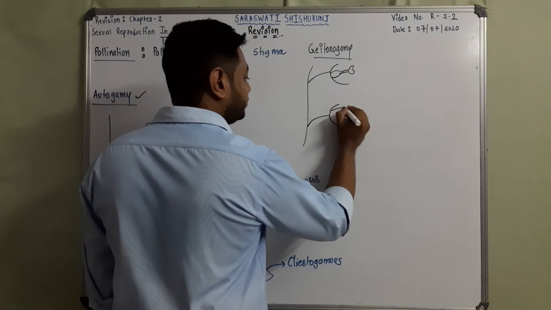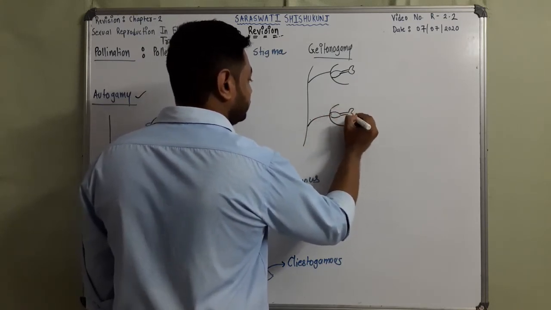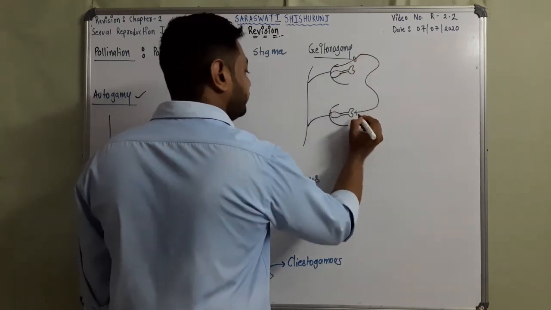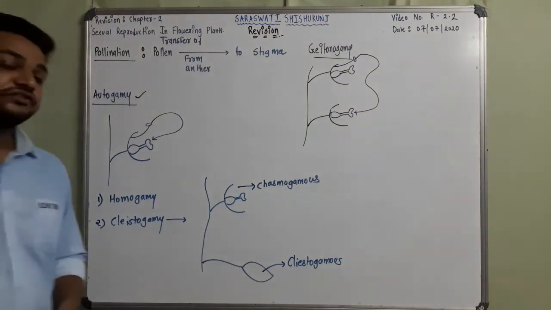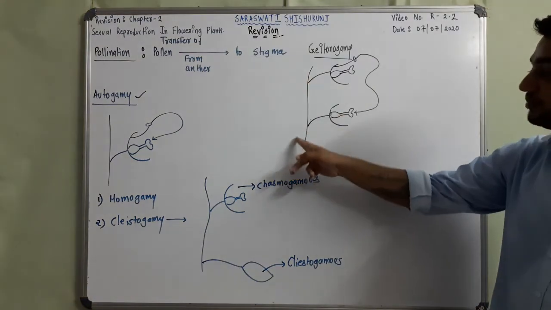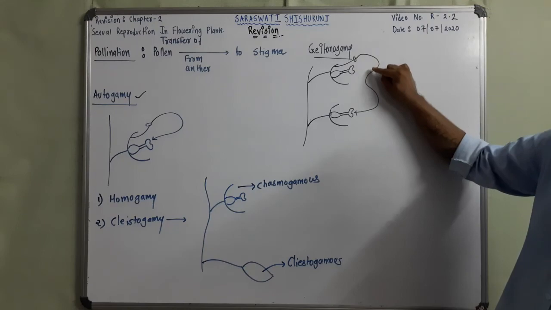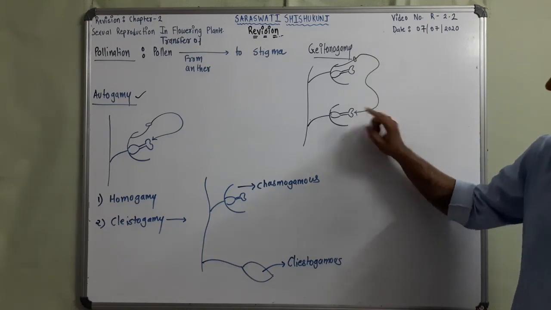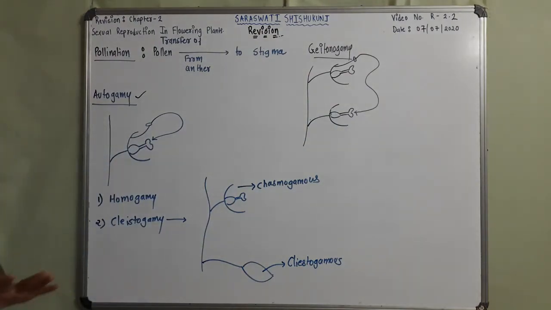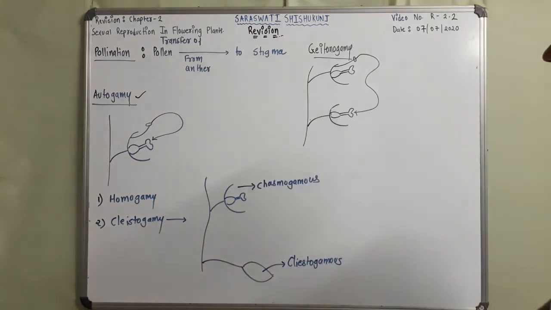Transfer of the pollen from the anther of one flower to the stigma of another flower of the same plant. See, I have kept the plant the same. This is the anther of one flower, and the transfer of pollen is occurring from it to the stigma of another flower, but the plant is the same. That is referred to as geitonogamy. That is neighbor marriage.